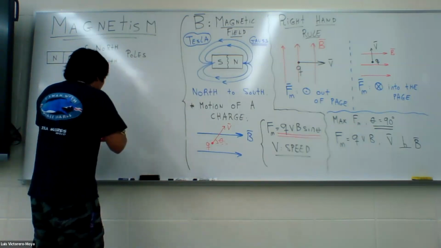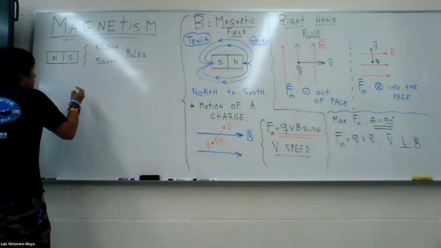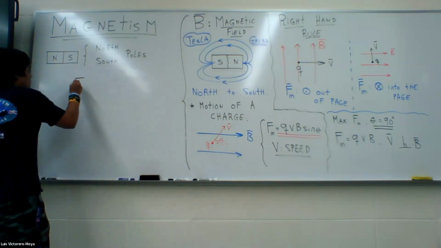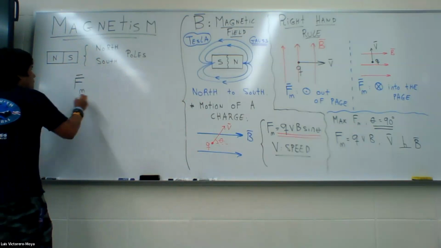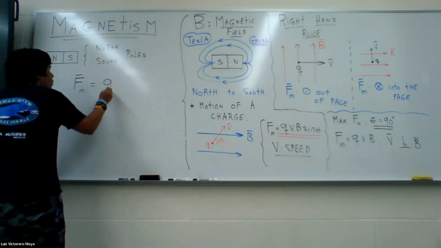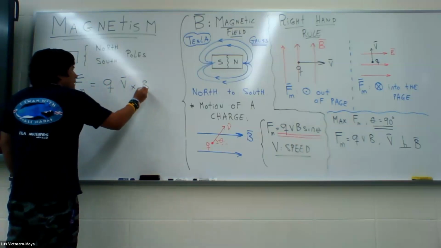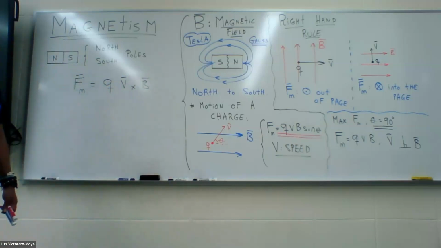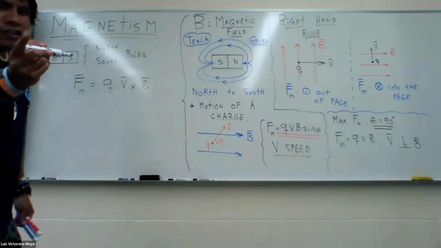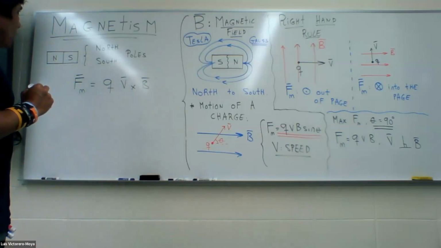So if I was to define properly the magnetic force, that will be Q, V, velocity, cross B. That is the definition that you are going to find in the textbook.